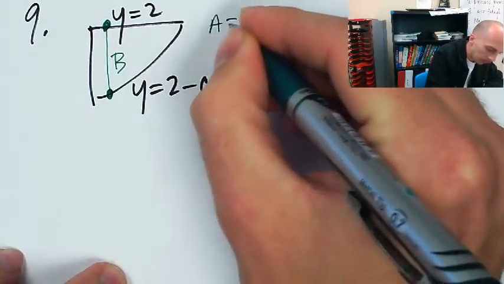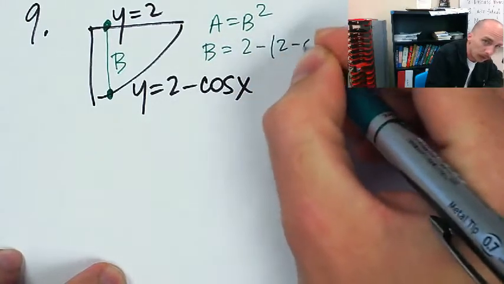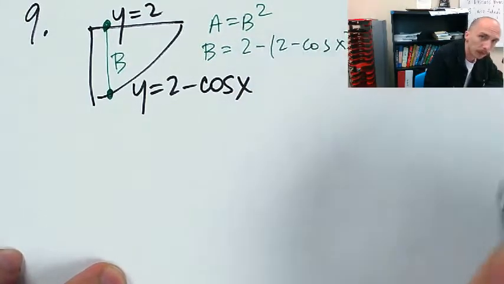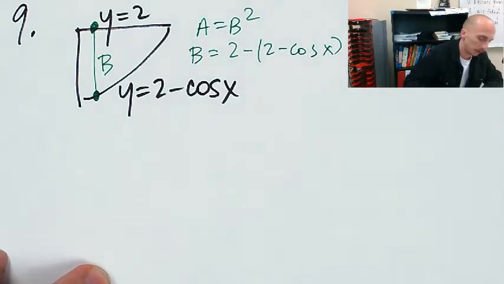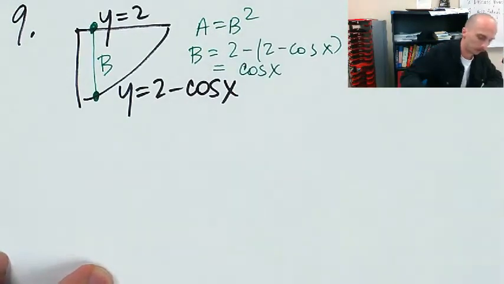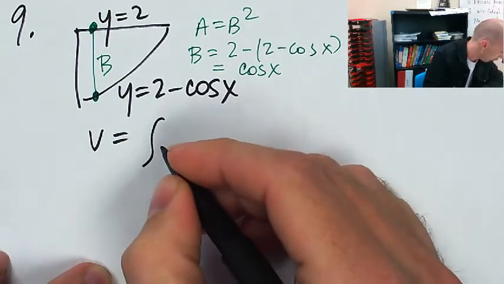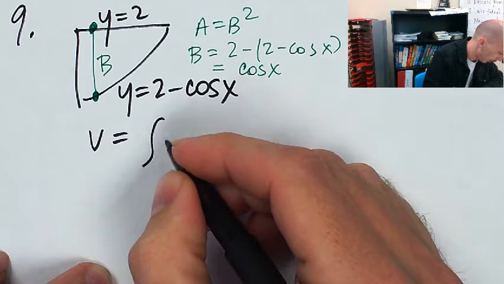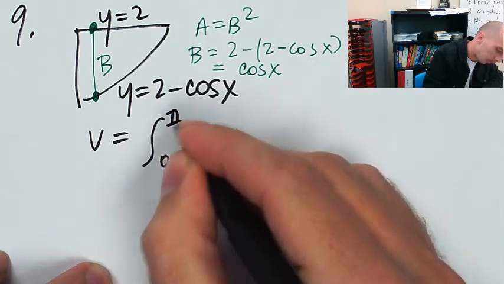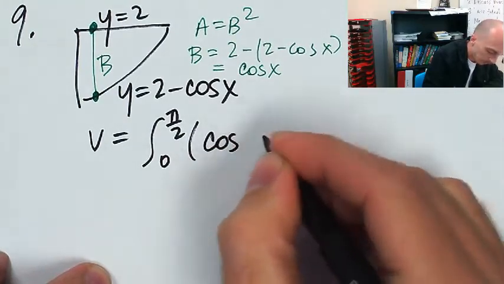For a square, area equals base squared. Base is going to be top minus bottom. And, well, that's just going to be cosine x. Volume is going to be the integral from x equals 0 to x equals pi over 2 of base squared.